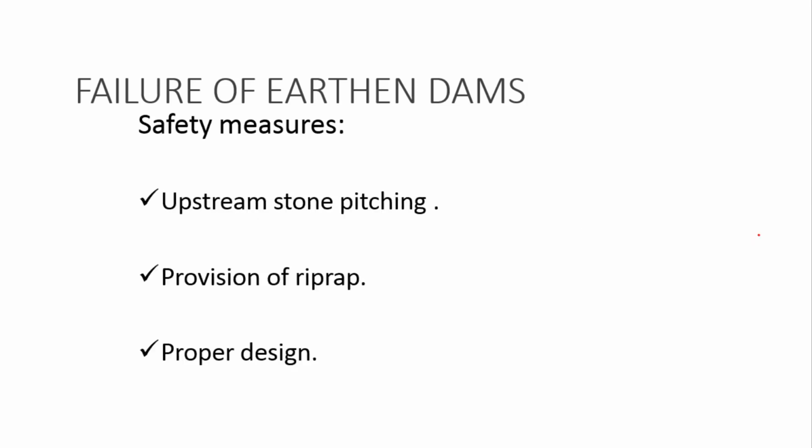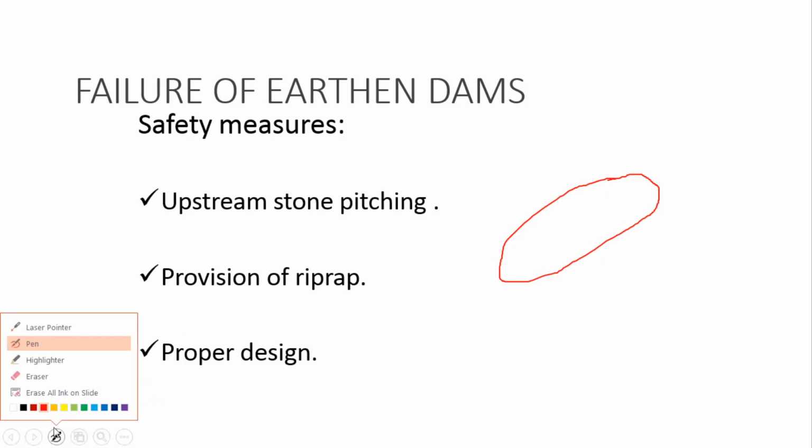Okay. Next, safety measures. What we have to do? Upstream stone pitching we can make. Upstream stone pitching means, suppose see here, how we can provide it. This is my concrete material. Generally I am saying how pitching will be there, I will show here.